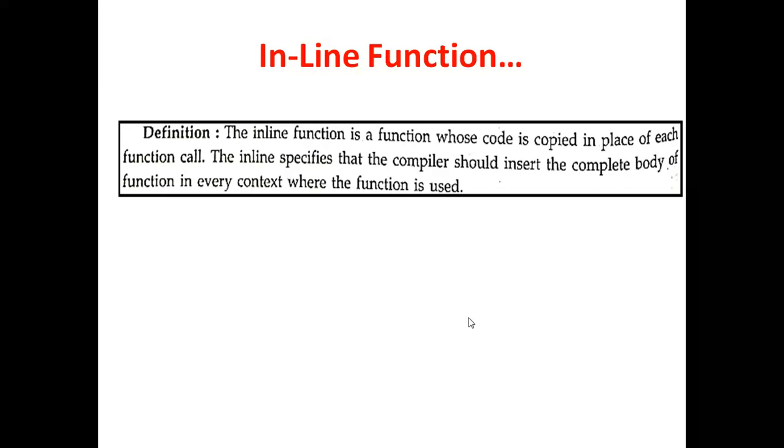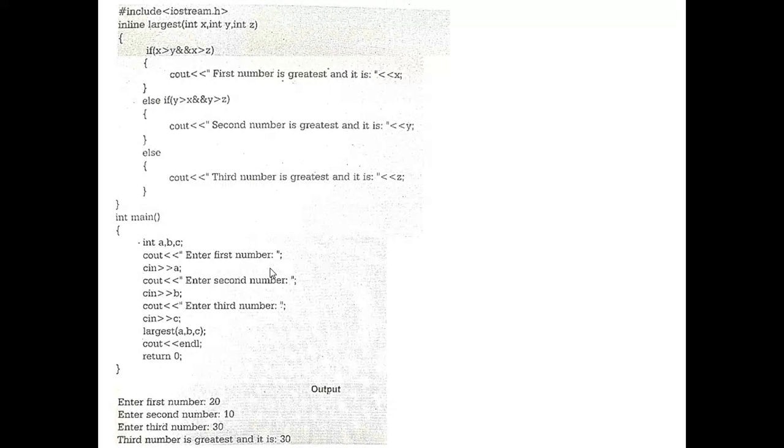That means whenever we create an object of that particular class in main and call the function, immediately the lines in the body part of that function are copied below the function name where it is called. That is called an inline function. We'll see an example of this.